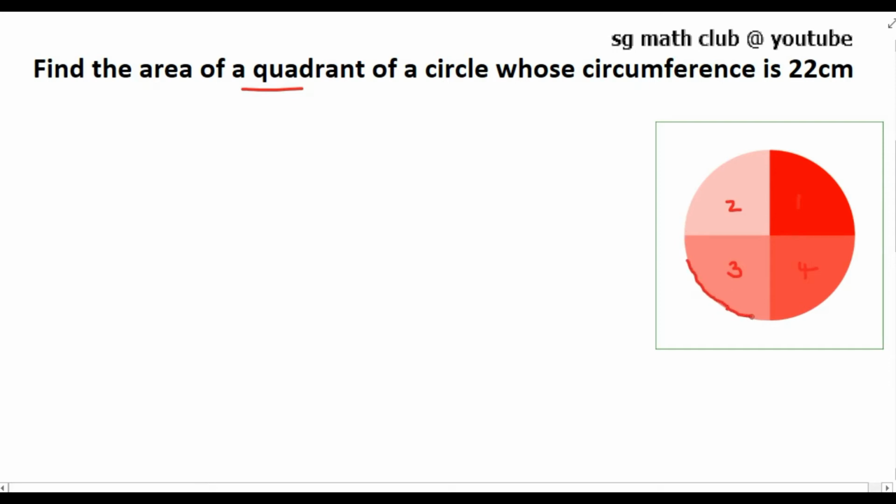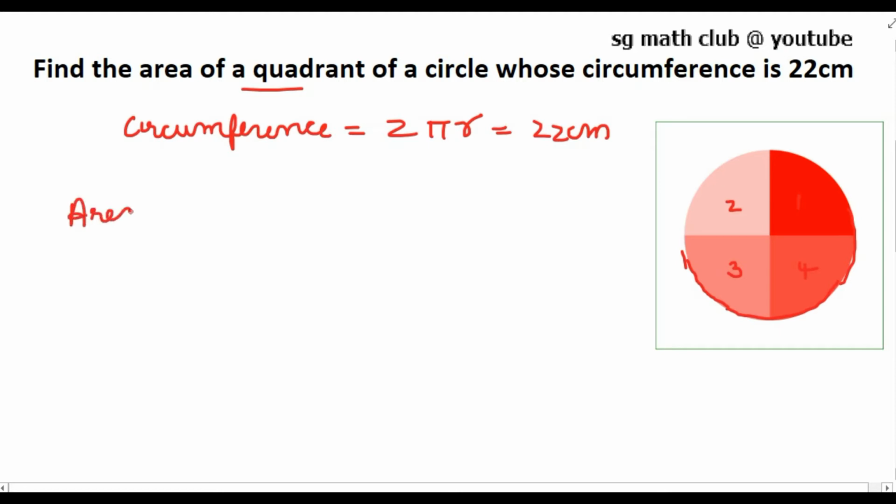Circumference means 2 pi r, the length of this boundary, the perimeter of the circle. Circumference is given as 2 pi r, and it is 22 centimeter. We need to find the area of the quadrant of the circle, and we know that the area of the sector, this is also a sector.